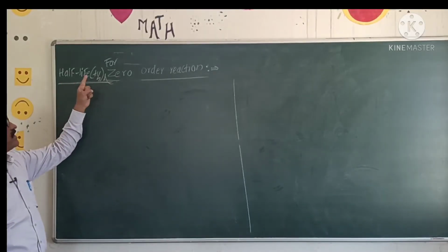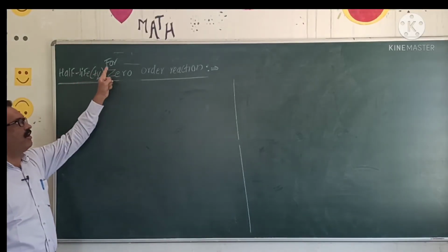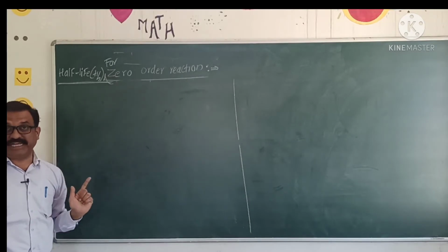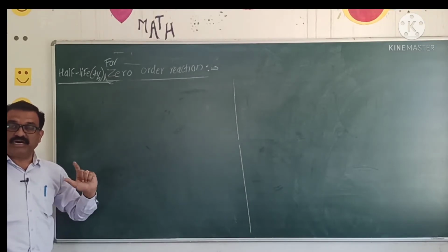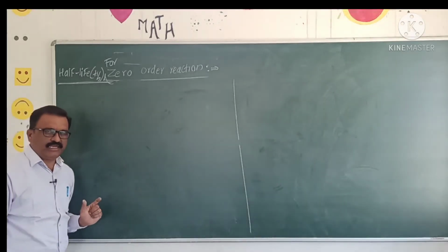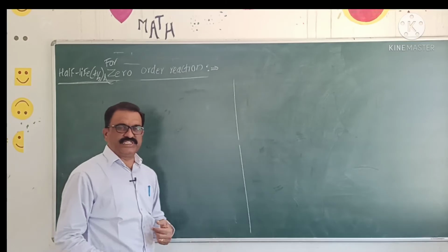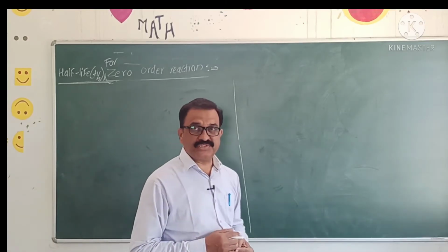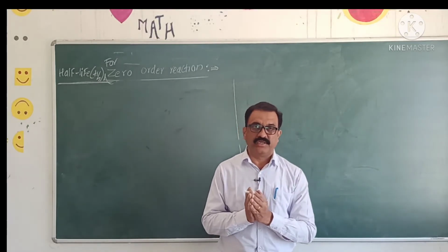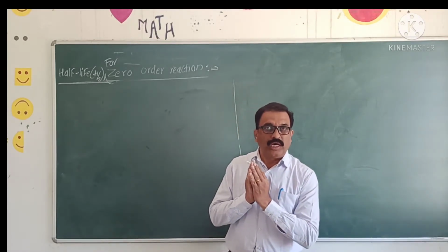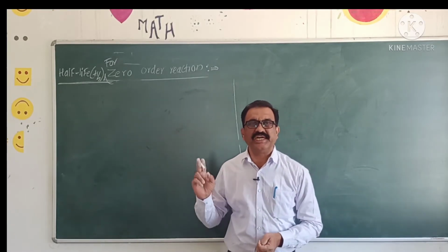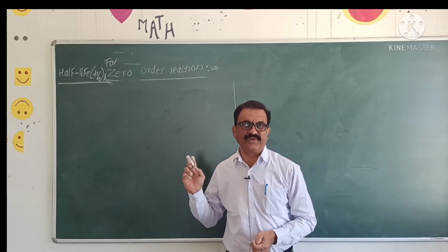Half life for a zero order reaction. We know that half life, which is denoted by T1/2, means the time required to remain one half of the initial concentration of reactant.